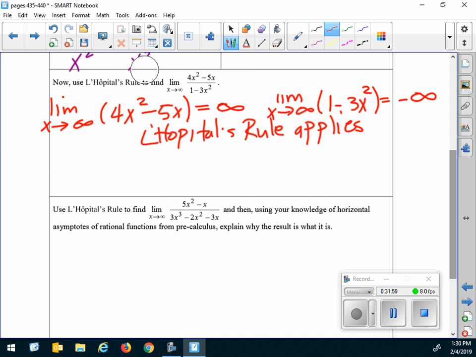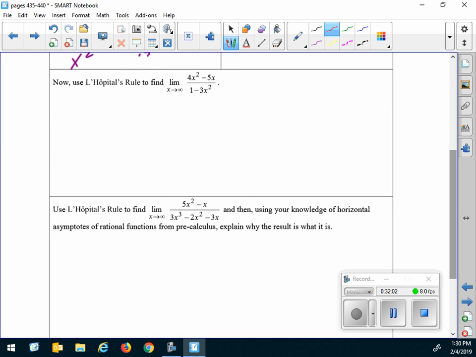Now, let's use L'Hopital's rule. The limit as x approaches infinity. What's the derivative of the numerator? Over.